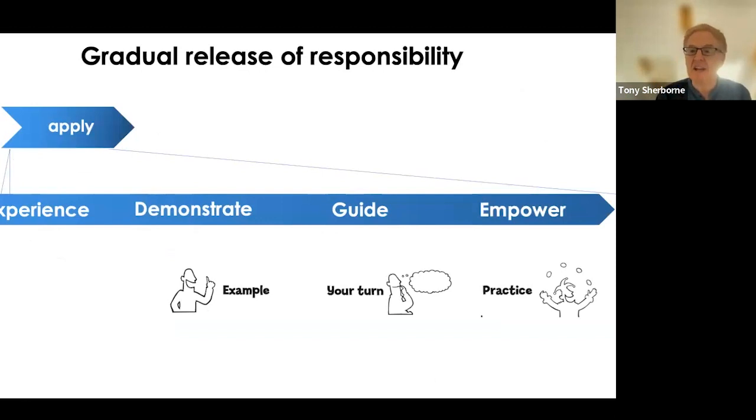This is definitely what you're used to doing, called gradual release of responsibility. I do, we do, you do kind of thing, but applied to problem solving. And the only difference, as you heard from Manu's video, is at the beginning, we thoroughly recommend students have some experience of the problem.